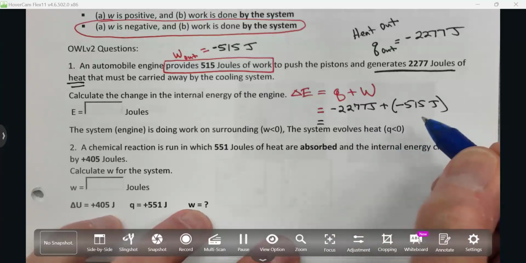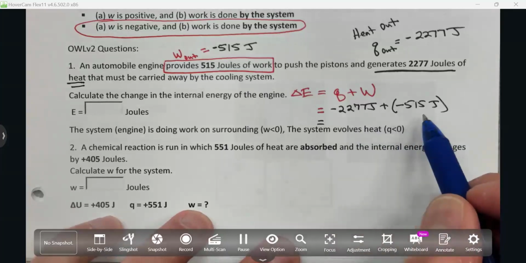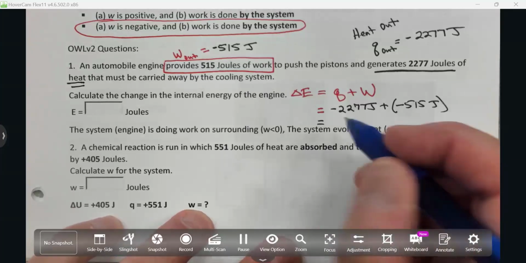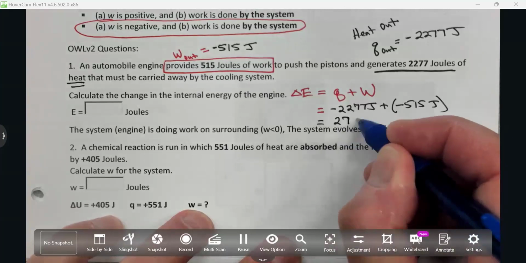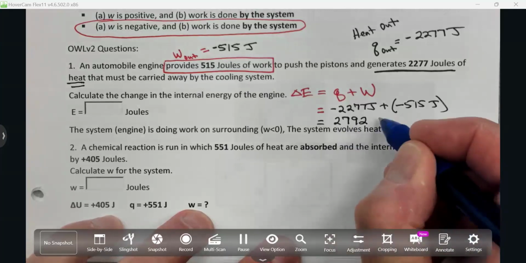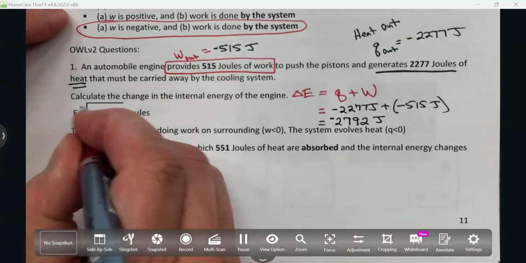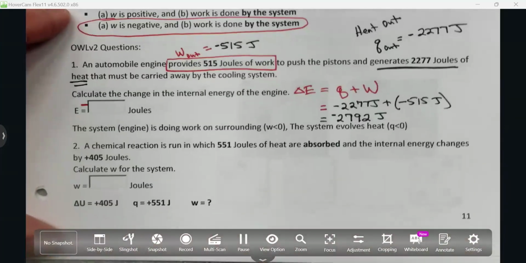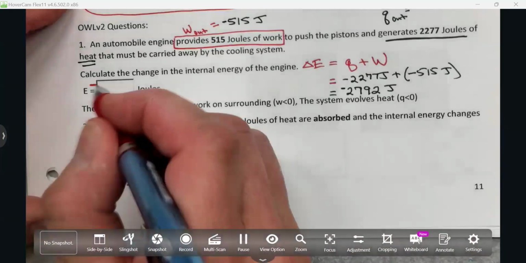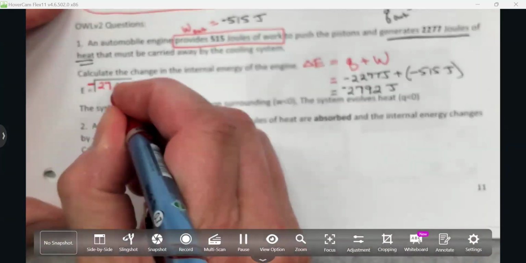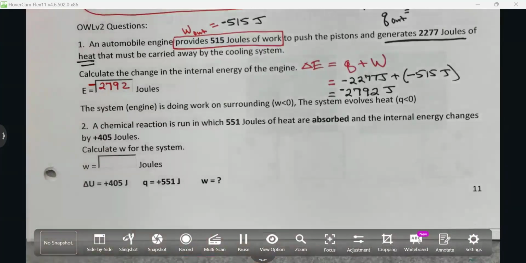Negative 792. This is an exact question from OWL. Negative 792.